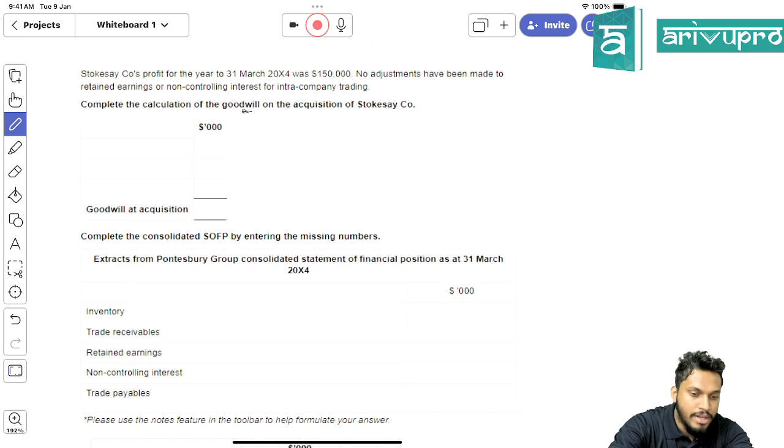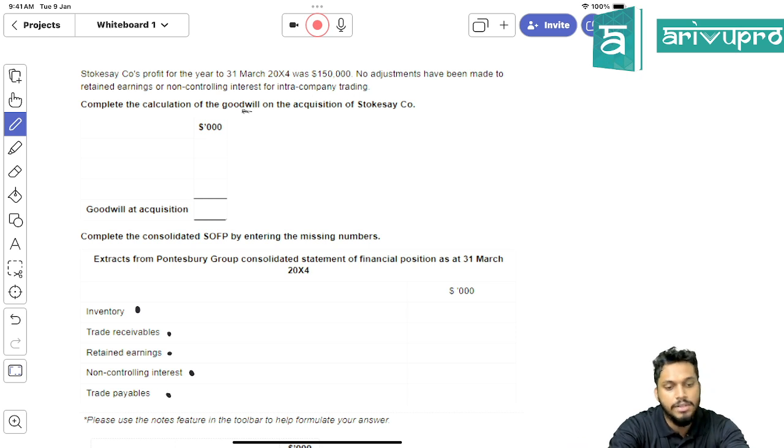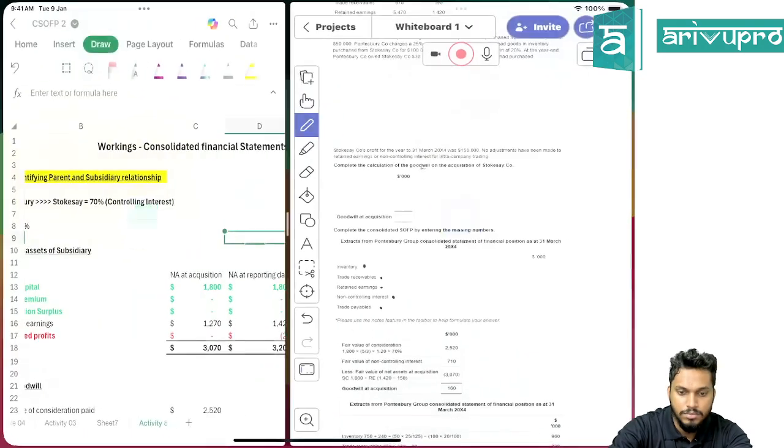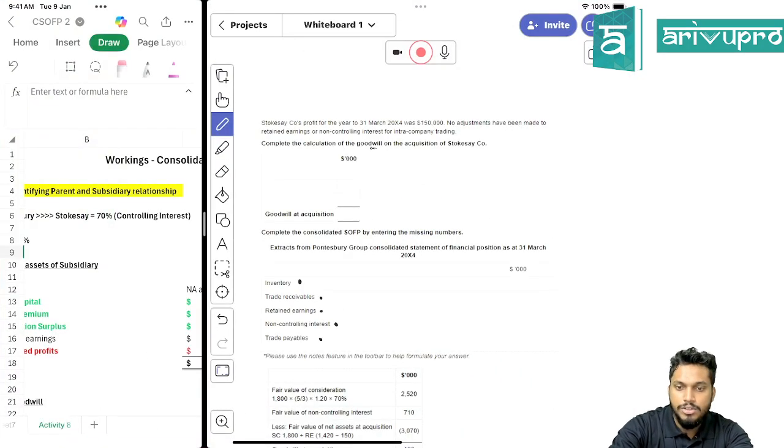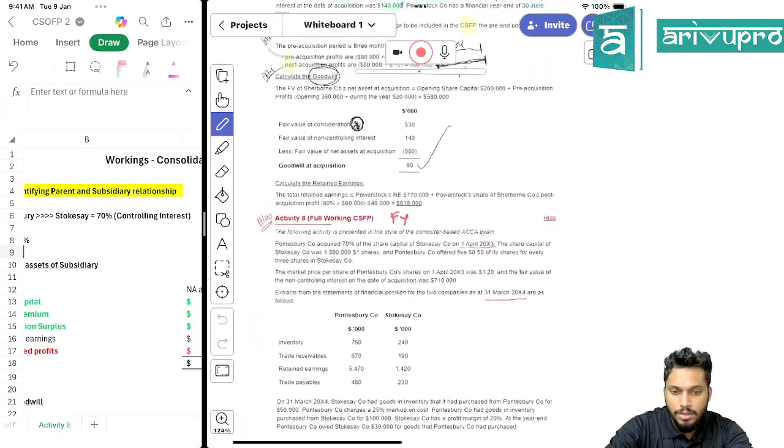What happens to inventory, what happens to trade receivables, retained earnings, non-controlling interest and trade payables. Only these adjustments. Okay, so let's cross check. Okay, let's do it together. Let's read it together now.